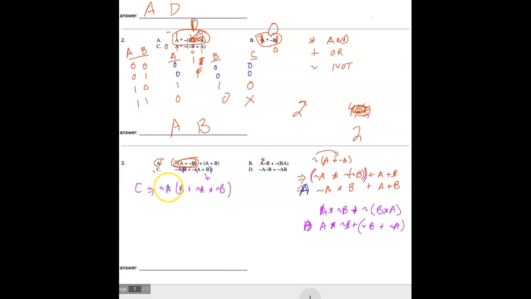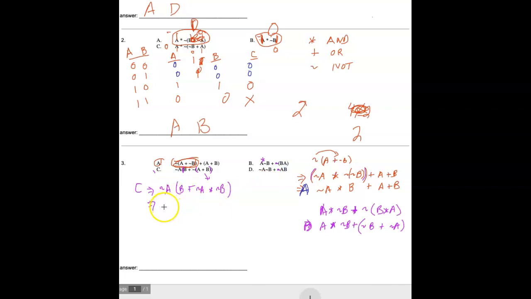Yes, I do. Like I said before, we could apply De Morgan's law to the outer set of parentheses. So this not A, actually no, because of that term A, it doesn't apply directly to De Morgan's law. De Morgan's law is only when you have simply a not that you're distributing.